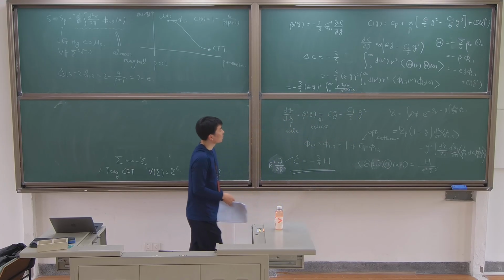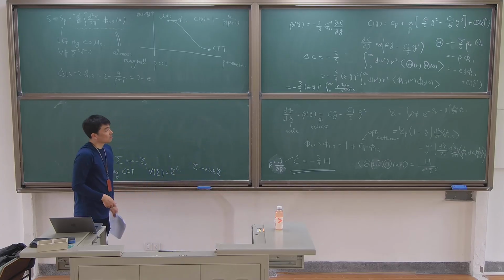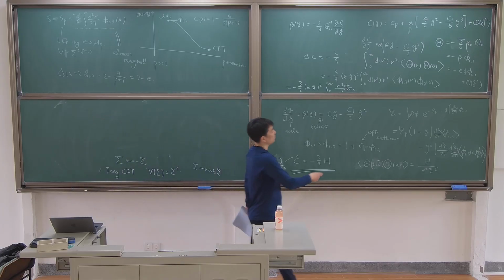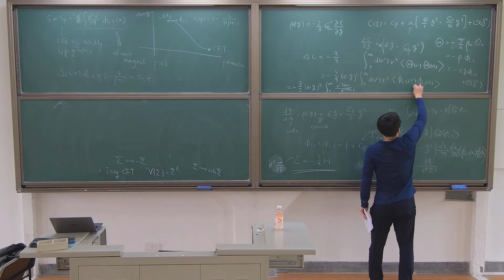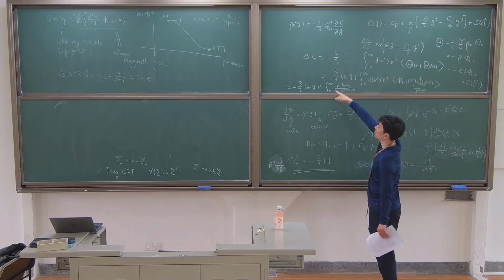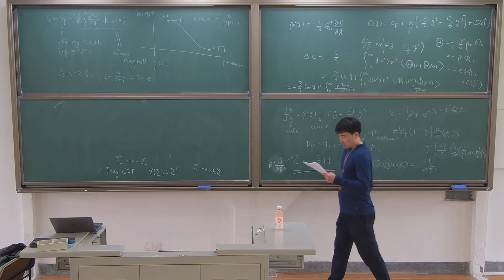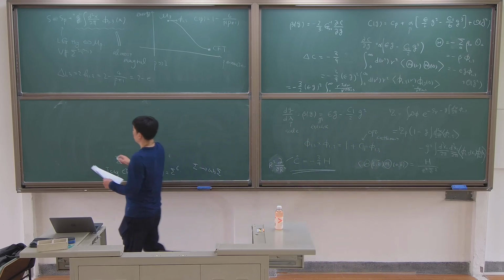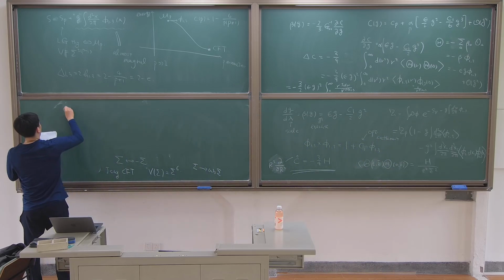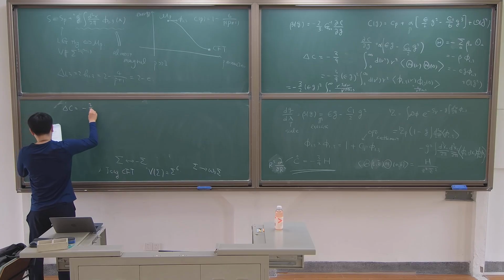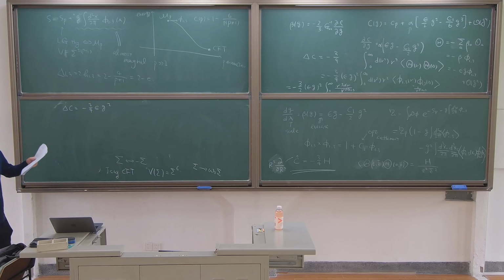So this is equal to 1 over R to the 2 delta 1,3. Plug that in here and integrate out, and what you get is that delta C is equal to 3 over 4 epsilon G squared. Okay, so that's what you get.